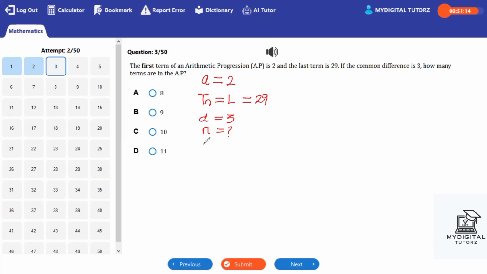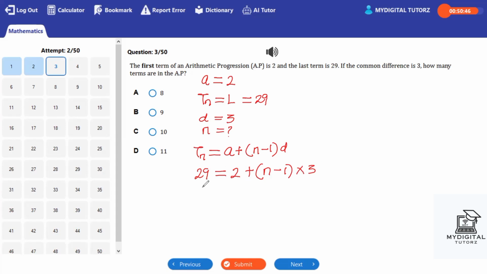So if you have this type of question, make sure you remember your formula. T of n is equal to A plus, in brackets, n minus 1, then D, the common difference. So your last term here, 29, is equal to the first term, which is 2, plus n minus 1 multiplied by 3.